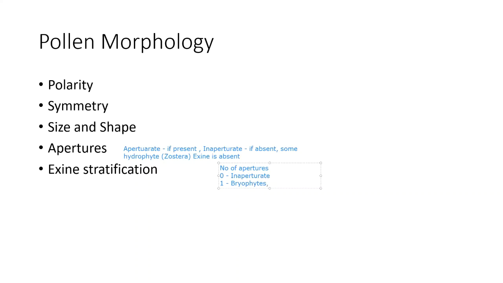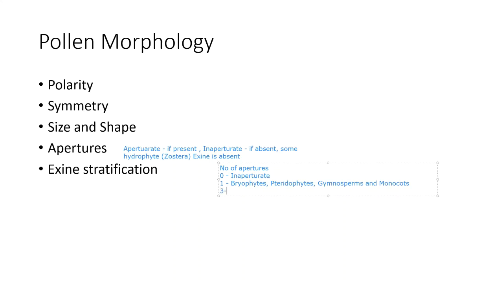It is also present in pteridophytes, and it is also found in gymnosperms as well as in monocots, angiospermic monocots. So who is left now? Only one group is left. What is that group?